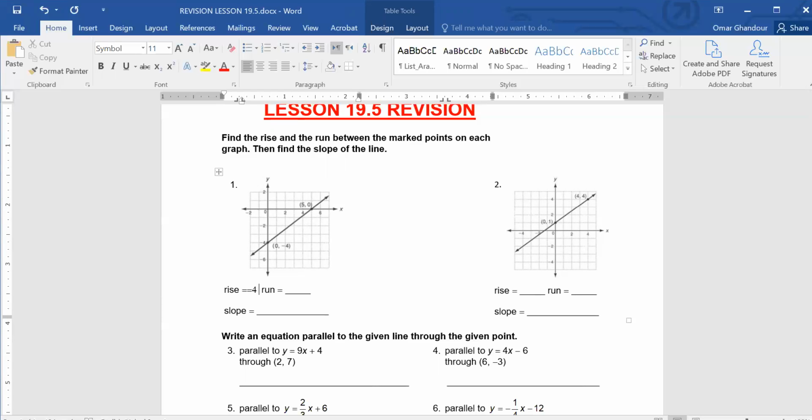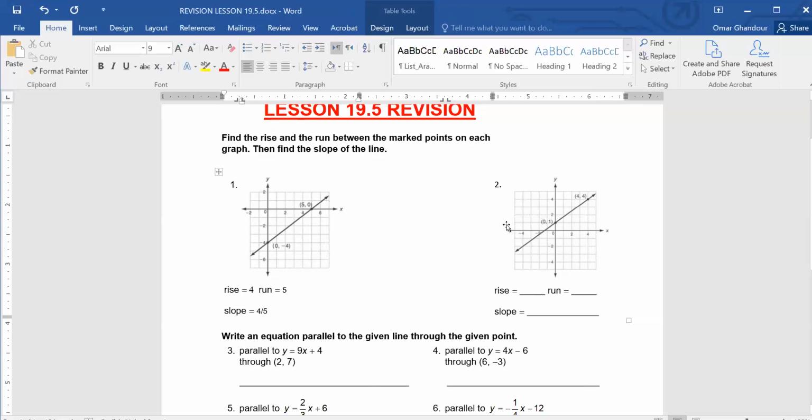You don't need to write positive. What about my run? To reach this point, I have to move right, so it's positive: 1, 2, 3, 4, and 5. So the run is +5. So my slope is going to be 4 over 5.